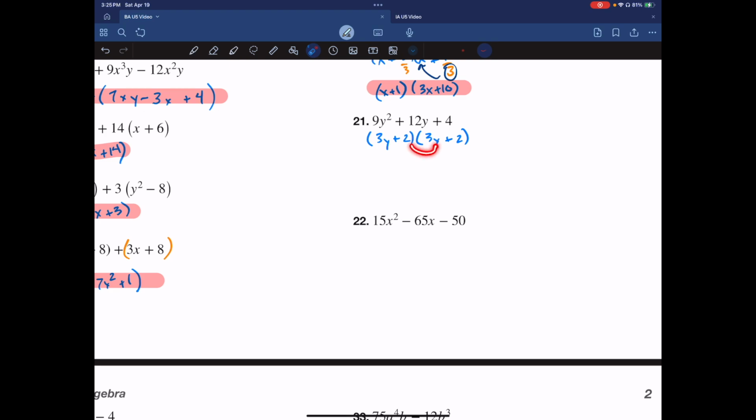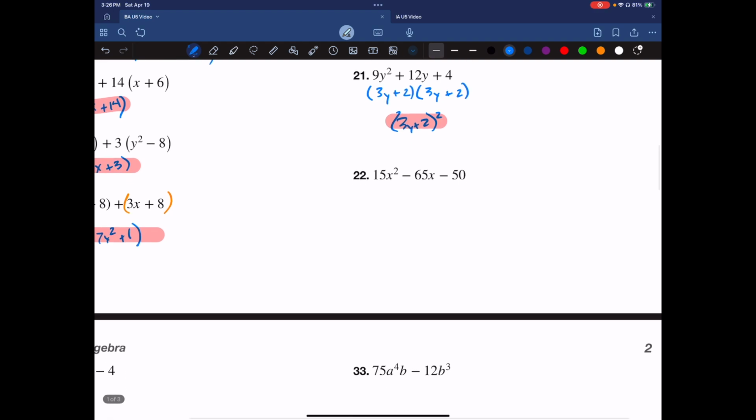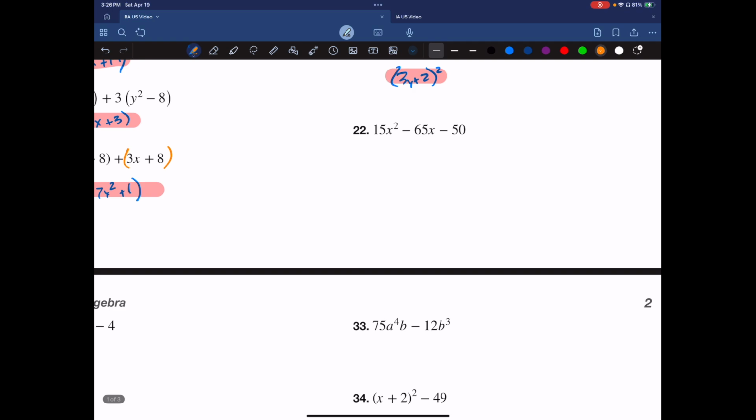This is going to give me a 6y, and this is going to give me a 6y, which together is going to give me 12y, which is what I want. So this, in fact, does work. And so this is going to be (3y plus 2) all squared. This is one of those special forms that I ask you to remember. But if you don't remember how to do this, you can totally use the AC method on this one, and it works just fine.